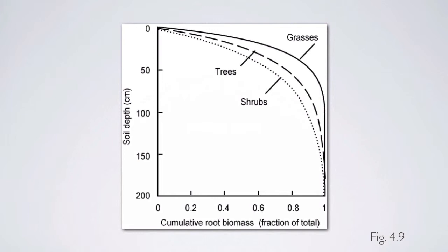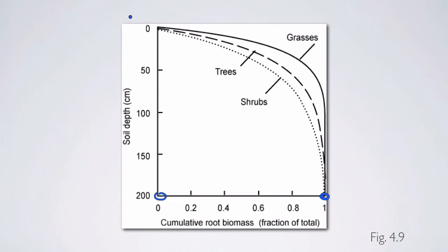Now, different species have different ways they allocate roots below ground. And standardizing for the amount of root that you find, on the x-axis here is cumulative root biomass. So 1 represents all of the biomass of a plant, 0 means no root biomass.